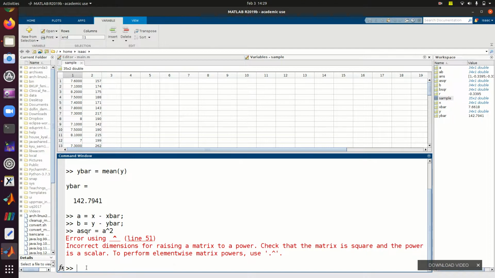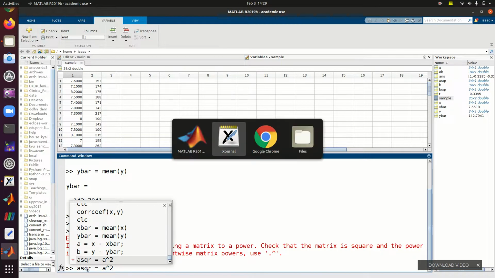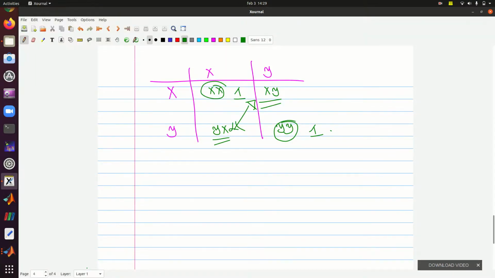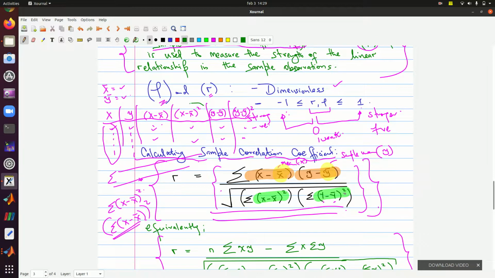But what we are interested in here, by the way, is not matrix multiplication. We are interested in element-wise. In other words, when we say x minus x bar squared, we want each entry in that x minus x bar to be squared. Maybe let us go back here. So here, when we have our table of x minus x bar, if the value here is 4 and the value here is -1, then 4 squared is 16, and we square -1 and then we get 1.